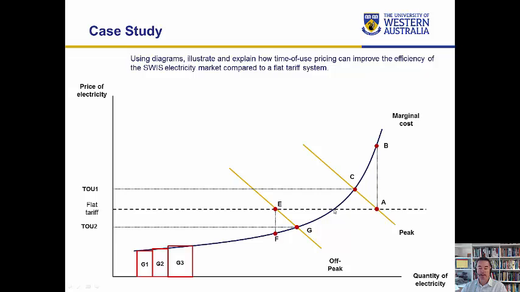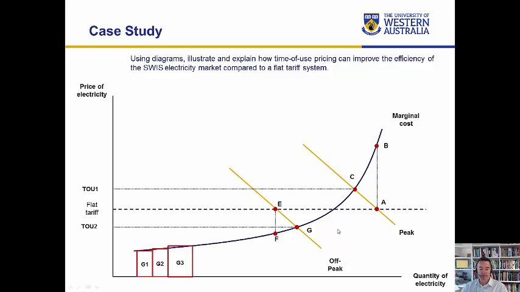But with an electricity system like this, you can't have excess demand, because there would be rolling blackouts. So the regulator has got to step in at this flat tariff and basically force generators to supply at point B, and then you get into some very high marginal cost electricity supply.